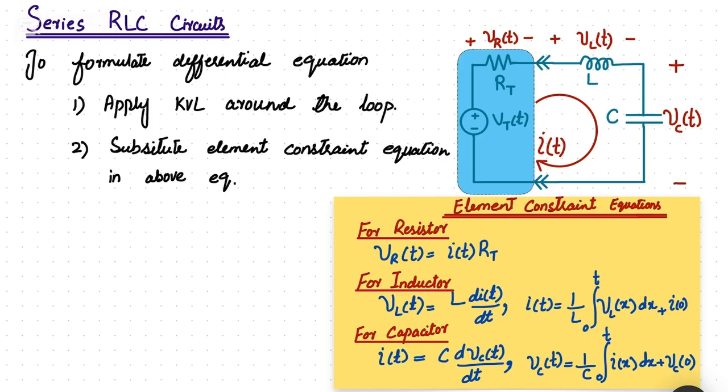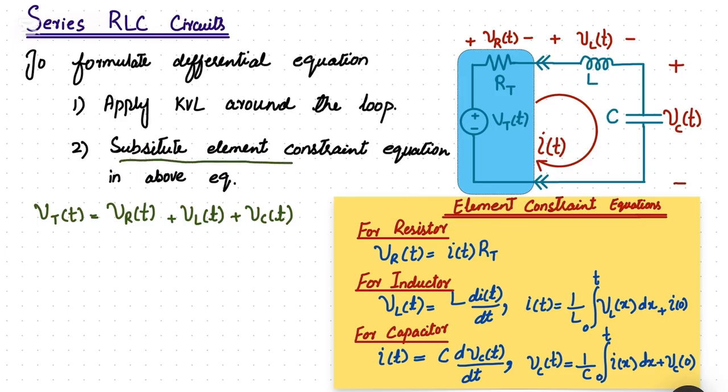So here we have a loop, therefore we can apply the KVL equation, and the KVL equation in this loop would be Vt of t equal to voltage across resistor, represented by Vr of t, so this is plus Vr of t plus Vl of t plus Vc of t. This is the KVL equation around the loop.